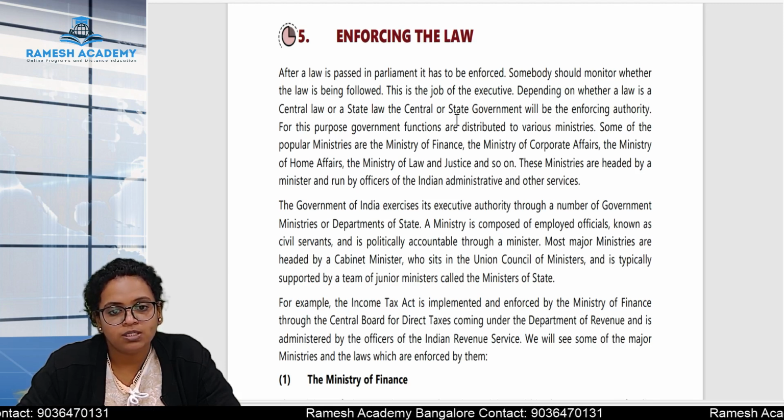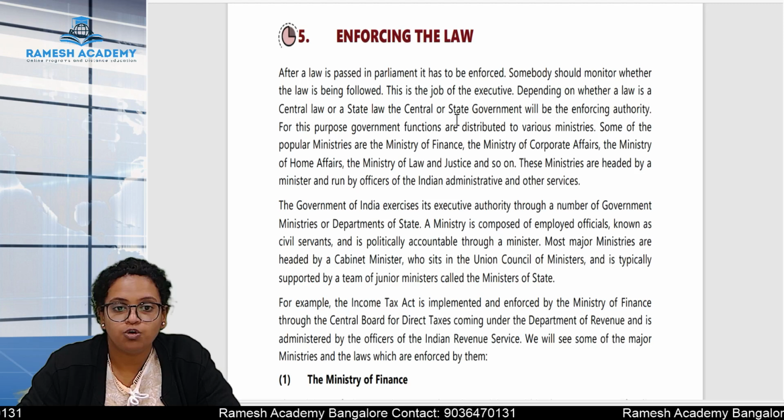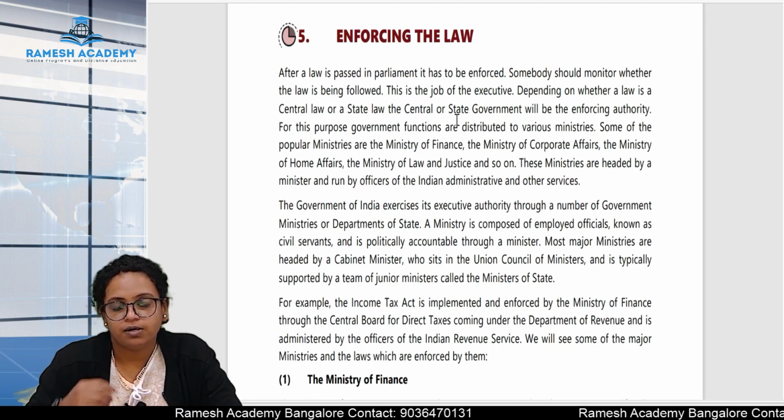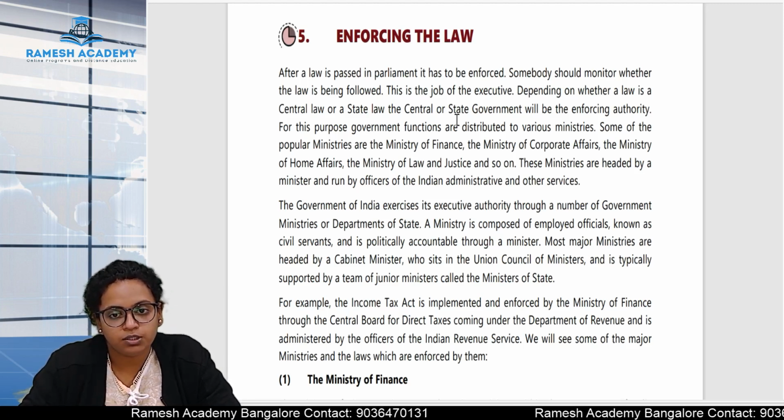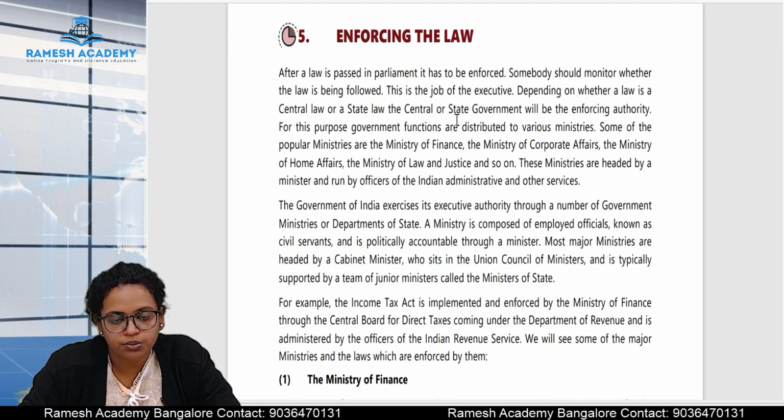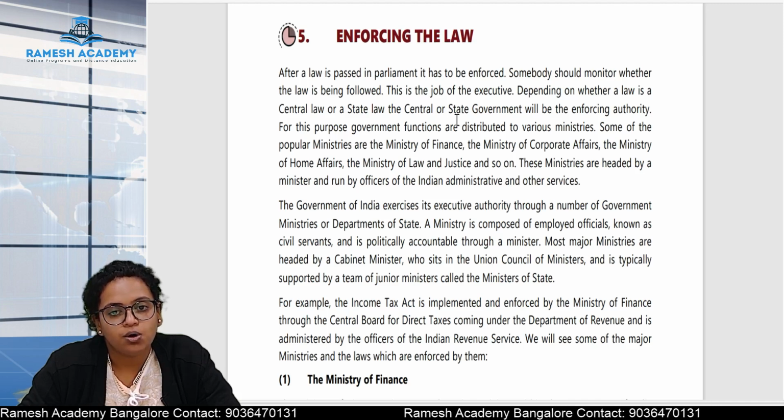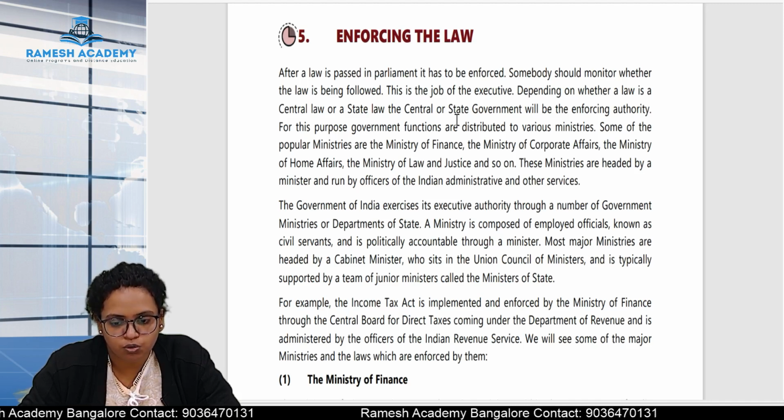Then we need to make sure that it is also followed by the people. So who is the enforcing authority? The central and the state governments will become the enforcing authority to observe that the law is being followed.